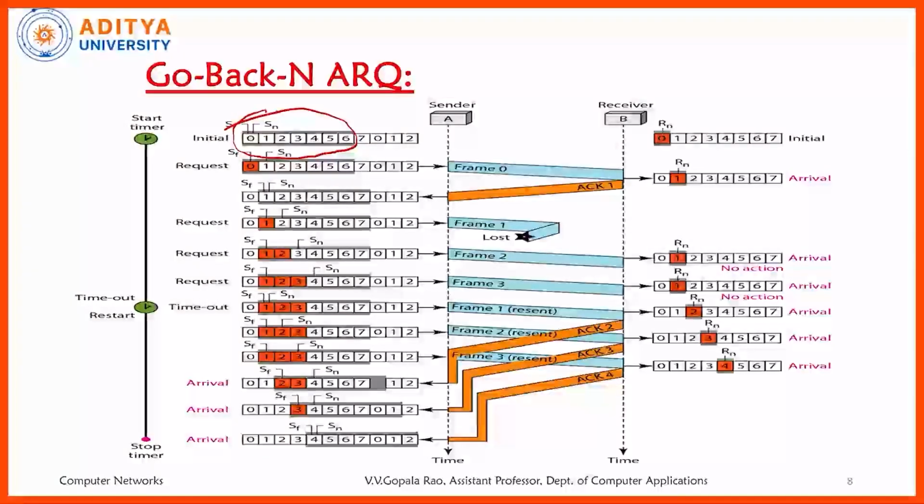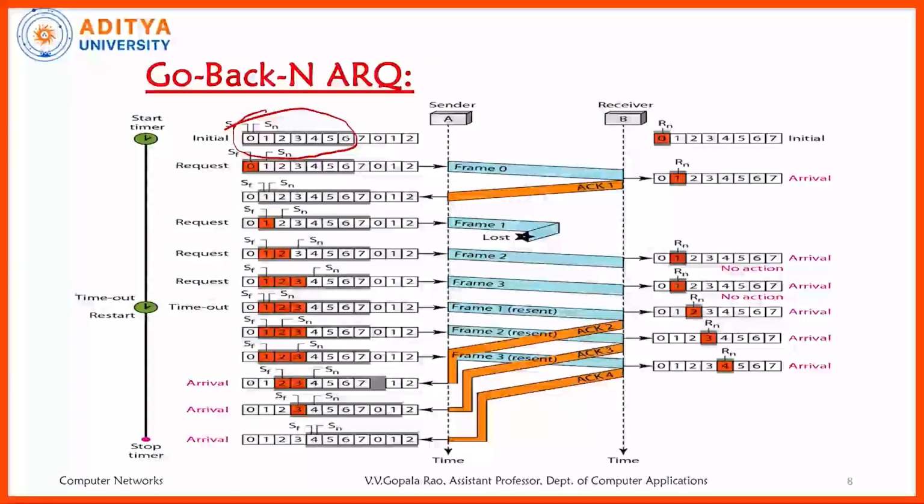Imagine that frame 0 is in transmission, and frame 0 is received by the receiver properly. Then the receiver acknowledges, because the sender should not take any action without an acknowledgement. The sender has to take action based on the acknowledgement made by the receiver.